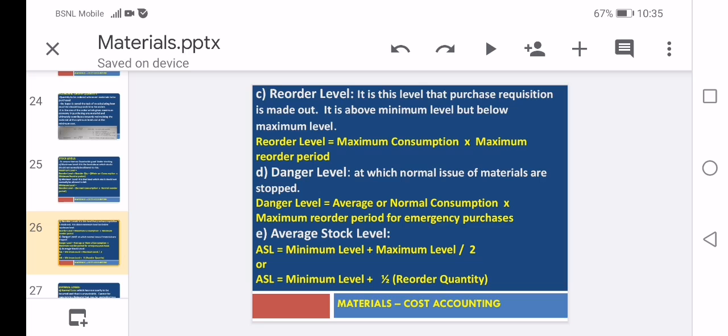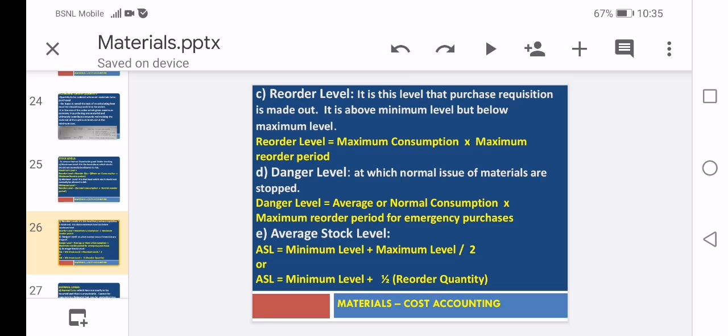Next one is reorder level. It is the level at which a purchase requisition is made out. It is above the minimum level but below the maximum level. For better understanding of this, let us take notional values of maximum level and minimum level. Maximum level arrived at is 2000 units. Minimum level arrived at is 500 units. And reorder level is to be computed keeping these two levels in mind.